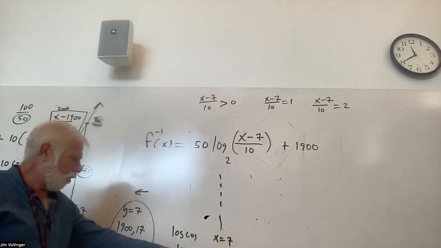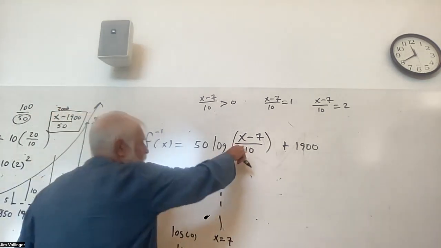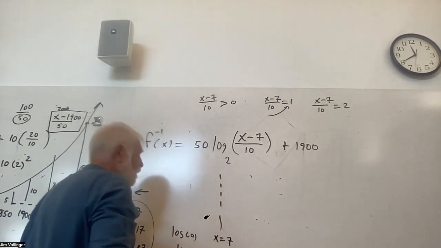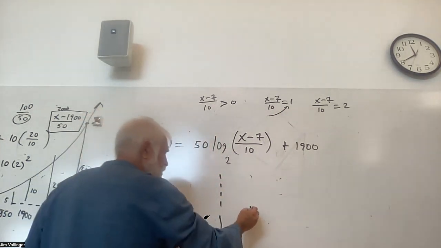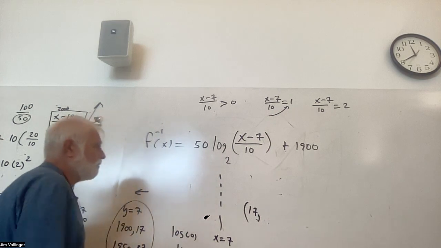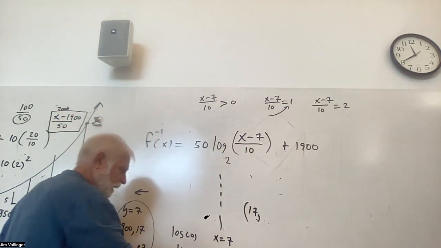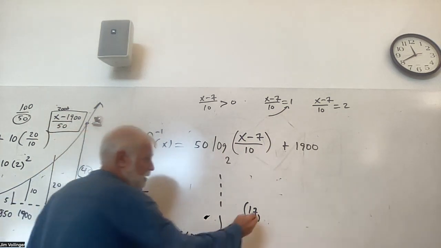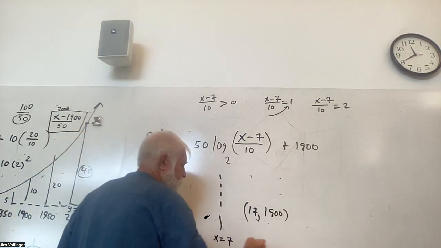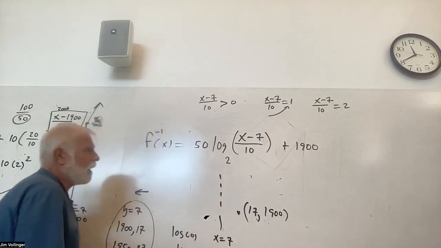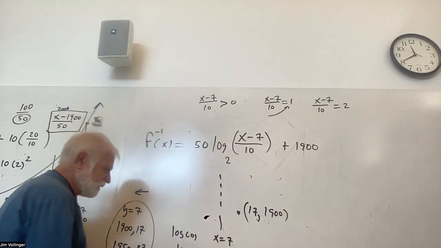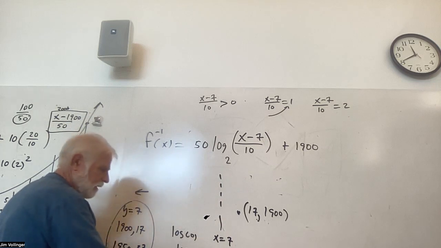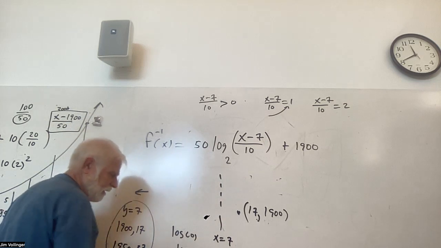And I want 1. Well, how do I make this thing equal to 1? I've got to multiply by 10 and add 7. I guess I've got to use the number 17. And if I put 17 in, I get this number, and 0 times 50 is 0. I get 1900. And then I guess I want the number 2, because if that's the base and I put a 2 in there, I can see I get 1.